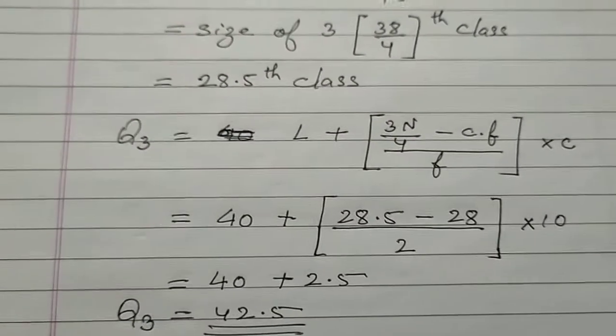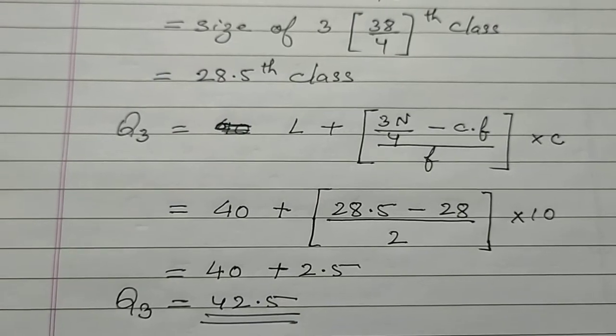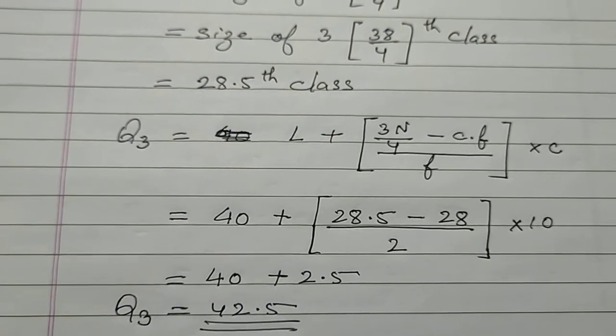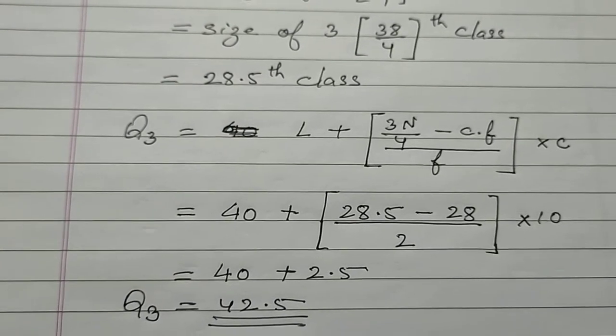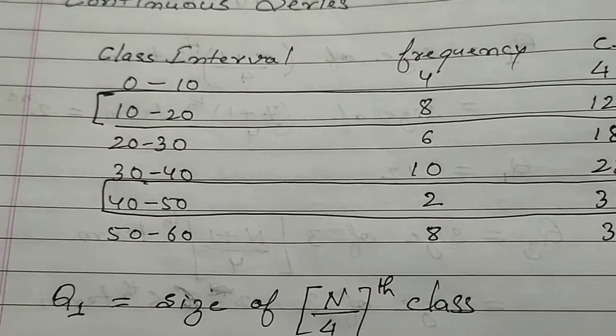Again here we will apply the formula. The third quartile is equal to L plus (3n by 4 minus cumulative frequency) by frequency, into the class width. The lower limit of the selected class is 40. You can see here the lower limit of the class is 40.